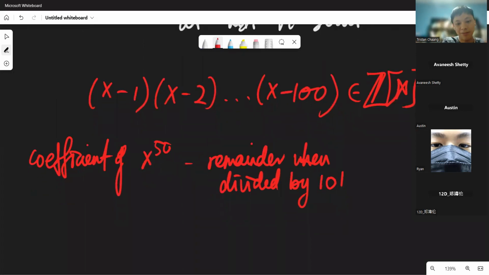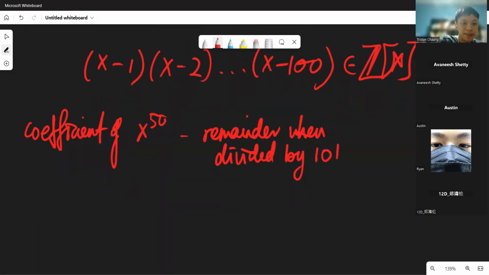But let's say we want the remainder when divided by 101. Even if you do it mod 101 the usual way, it's still difficult. You want to take 100 choose 50 terms and somehow manipulate them and talk about their remainder. Very complicated. But if we bring this into the field F_p[x], everything becomes much simpler.